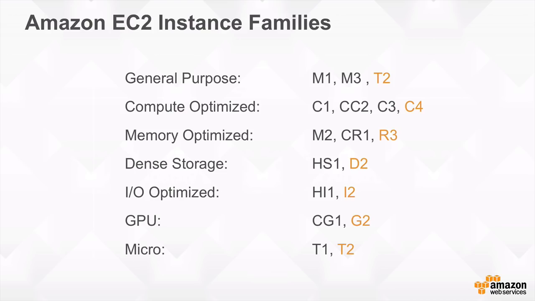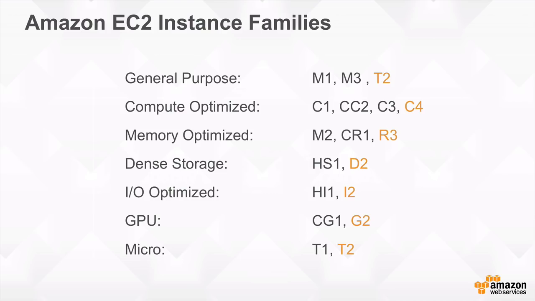Similarly, we're optimizing for memory with the R3 family, for storage density with the new D2 family, for I/O capability with the I2 family. And then we have a special instance family called the G2, which provides an NVIDIA Kepler floating point unit with very many parallel floating point cores in it, which are good for rendering or computational fluid dynamics or other floating point intensive workloads.